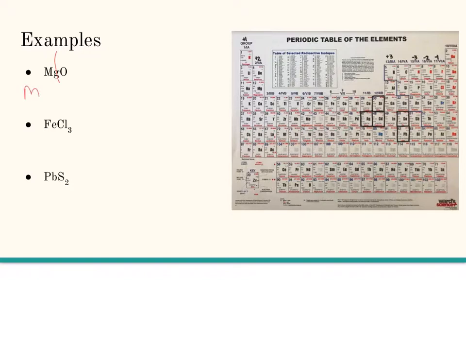And so I'm going to name that exactly as it is, magnesium. Mg on the front of the periodic table is called magnesium. Okay, on the front of the periodic table, O is called oxygen, but since it's the anion or the second ion, we change the ending to IDE. And so the name of this compound is simply magnesium oxide.